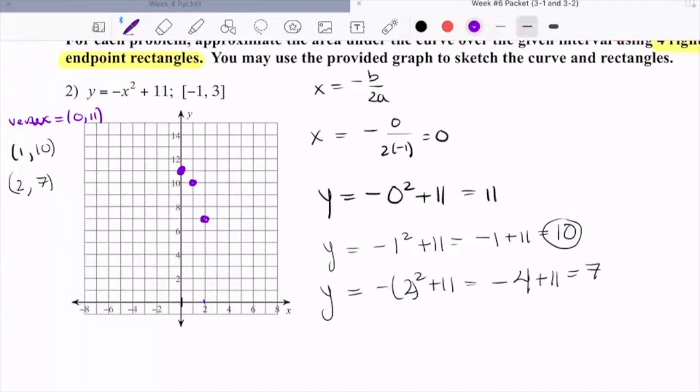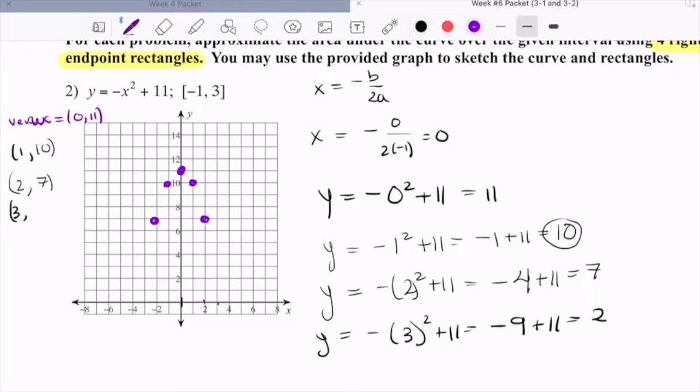And so this is a graph of a parabola, so we're symmetric about that vertex here. So I can just infer the points that I have on the left here would be at 10 and 7. And we can do this one more time just to get a really good sense of the shape here. So if we input 3 into our function, our output value would be negative 3 squared plus 11, which is negative 9 plus 11, which becomes 2.